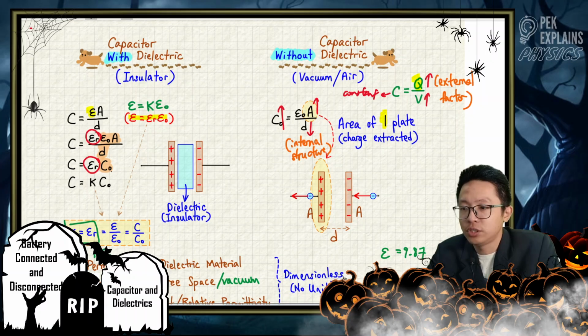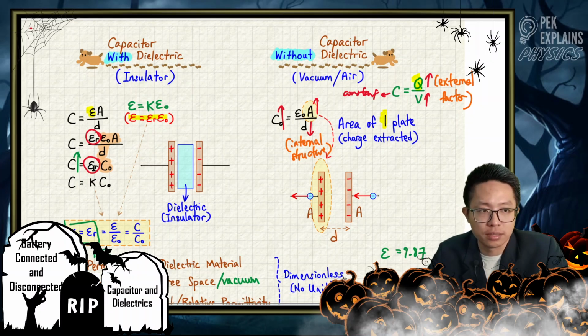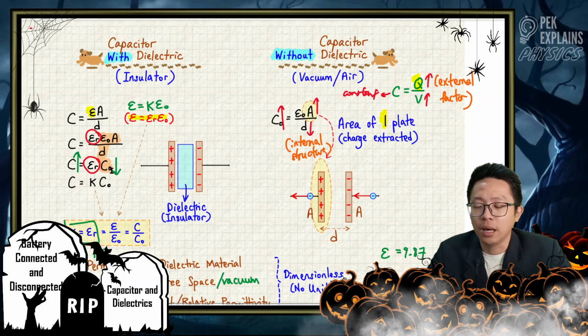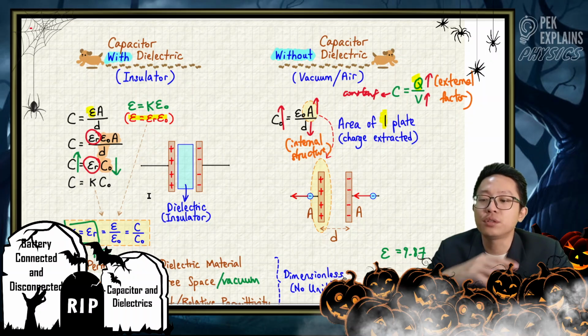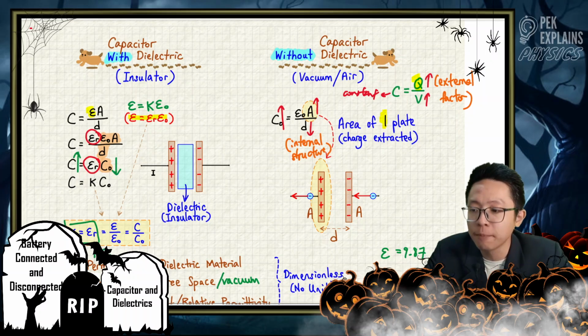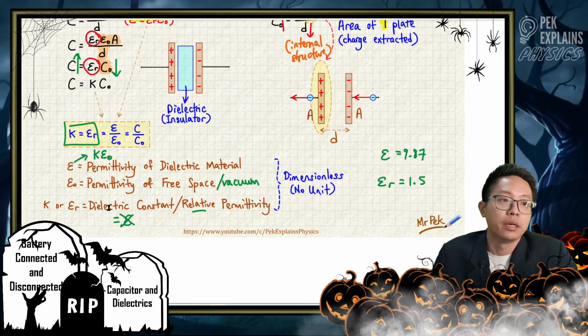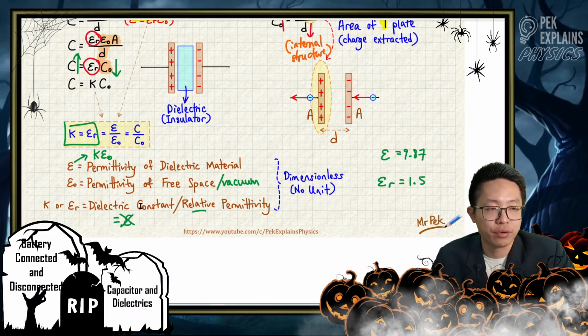That means generally the capacitor with a dielectric has higher capacitance. C0, without the dielectric, has no ER, so C0 is smaller. So if you put the dielectric into the capacitor, the capacitance will increase because of ER, the relative permittivity or dielectric constant.